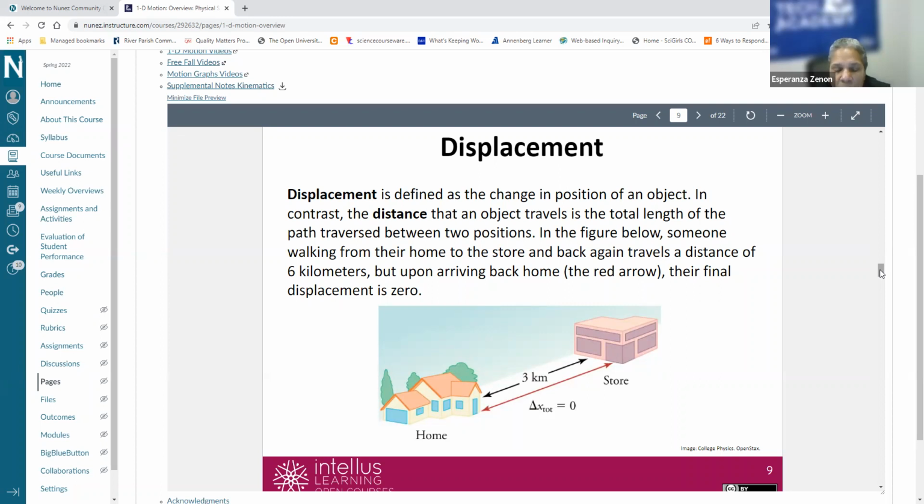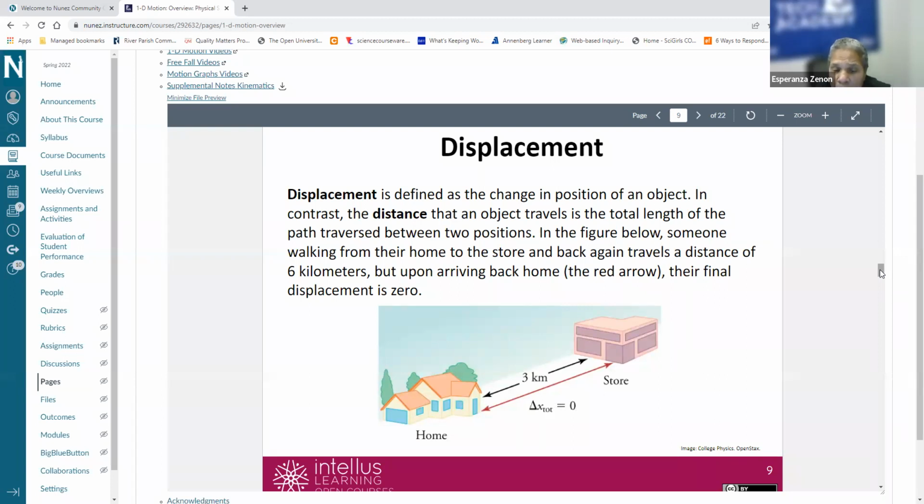If they went from home to the store, their position changed by 3 kilometers. The distance that they travel, from home to the store, is also 3 kilometers. So the displacement would be 3 kilometers forward. The distance would just be 3 kilometers.